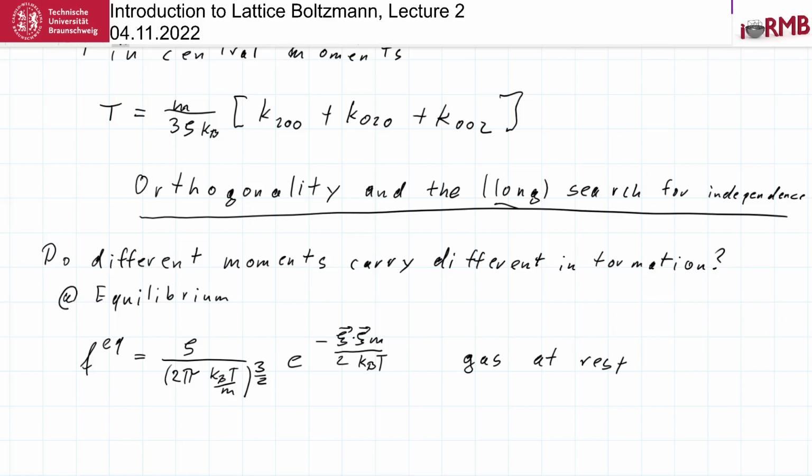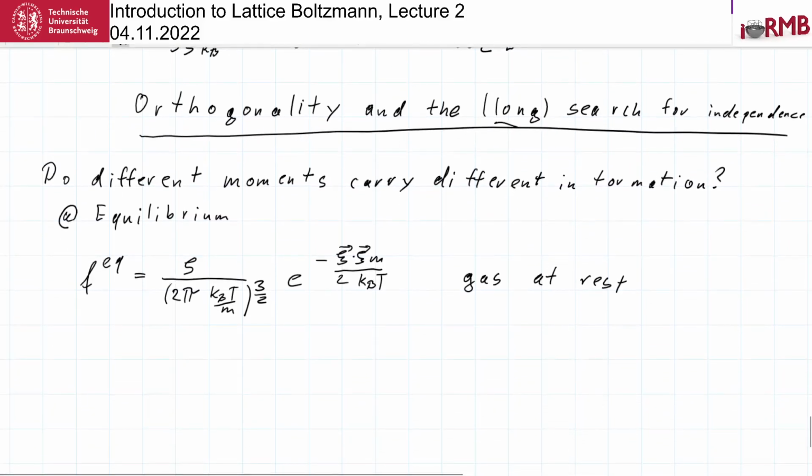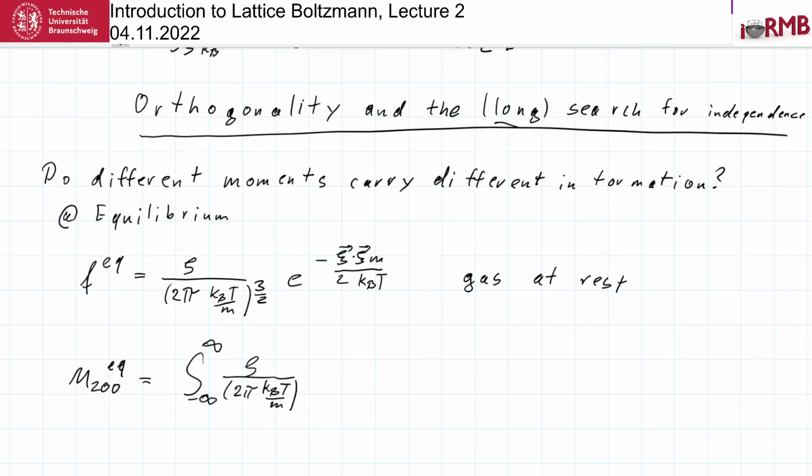Say we take, for example, our moment M200 at equilibrium, from minus infinity to infinity. We get again this prefactor, 2 pi k Boltzmann T divided by m. By the way, this rho is again the particle density, not the density including mass.